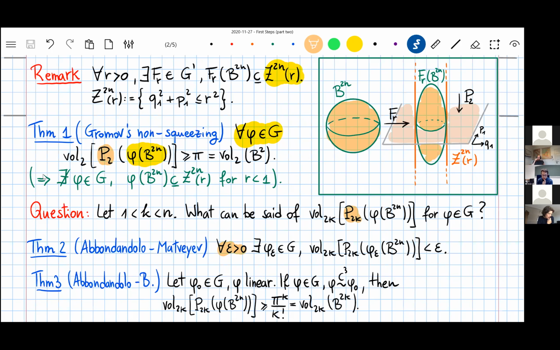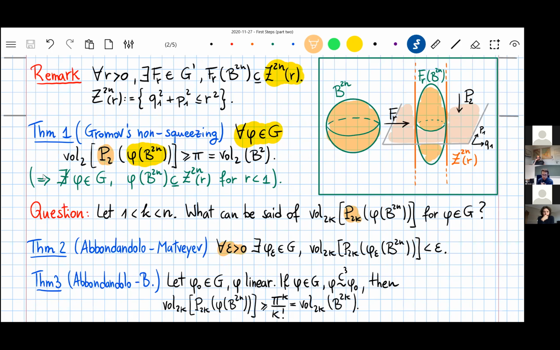So the suspicion was that if you have a less wild map, then non-squeezing might still hold in the intermediate dimension. Abbondandolo and Matveyev showed that if phi is a linear symplectomorphism, then you have non-squeezing also in the intermediate dimension. And Abbondandolo and myself showed almost two years ago that you can upgrade this to maps which are close to linear.